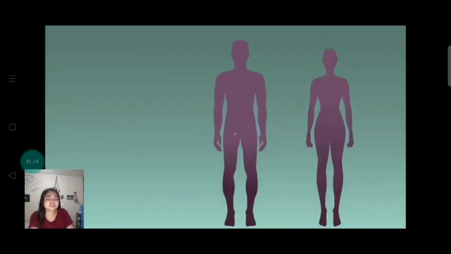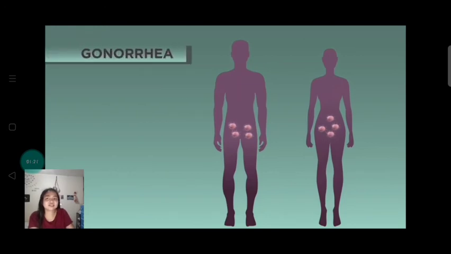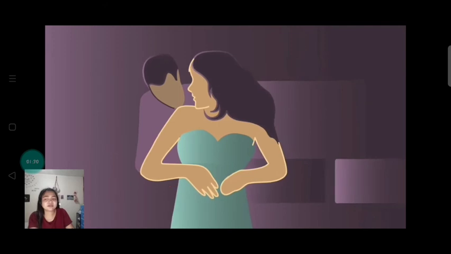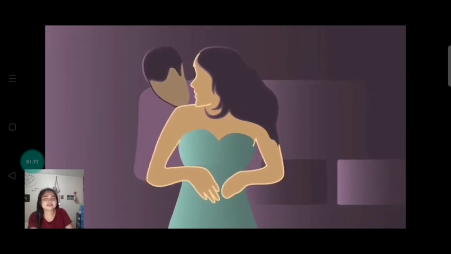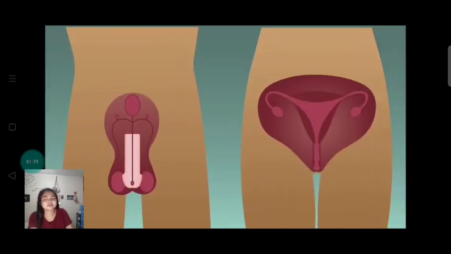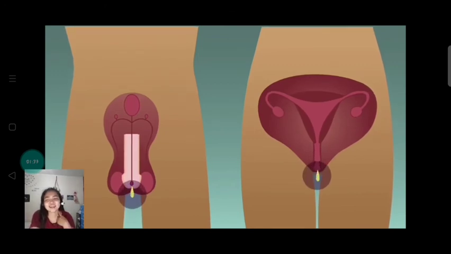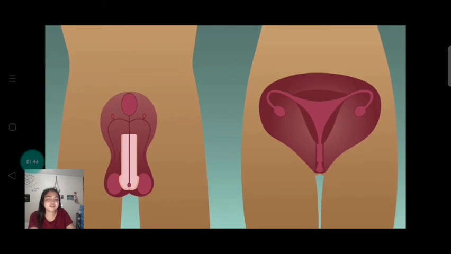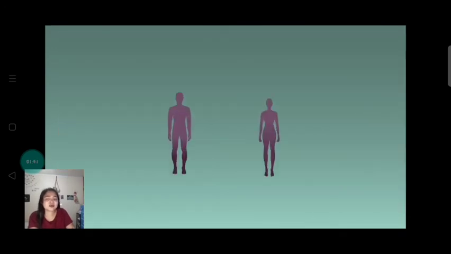Another infectious disease caused by bacteria is gonorrhea. This is a sexually transmitted disease, or STD for short. It is passed from person to person by sexual contact. The early symptoms include a thick yellow and green discharge from the vagina or penis and pain on urination. The symptoms become less obvious in the later stage of illness, so it can go undetected.